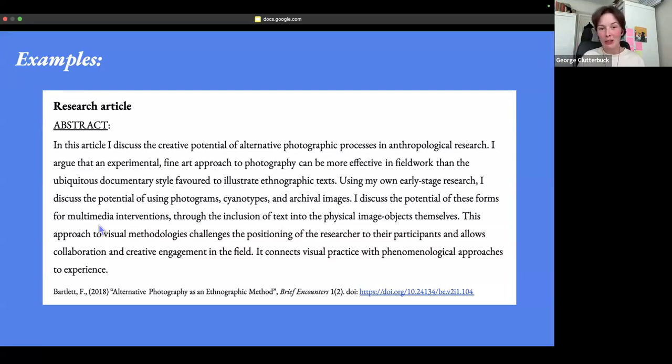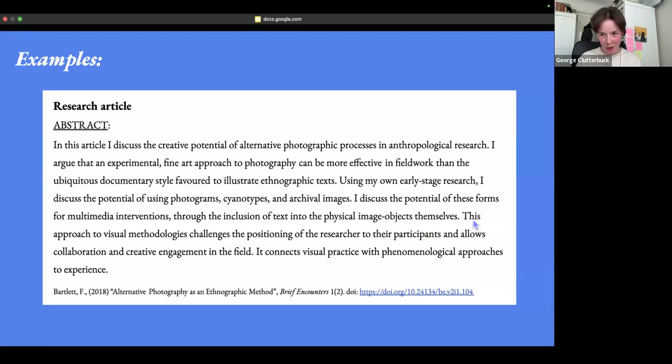But I'd say briefly, they're just trying to show that fine art as a way of using photography could be a more effective way to produce knowledge than documentary. That's their argument. So it would seem that they want to pursue this to find out something about how we understand each other, and they want to use photography as their medium to do that.